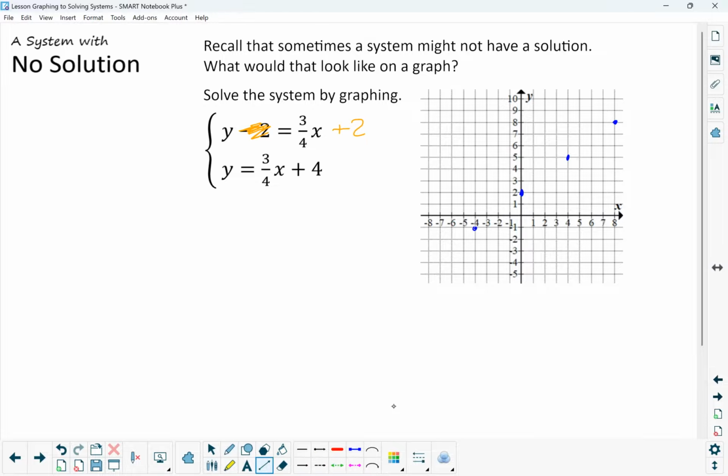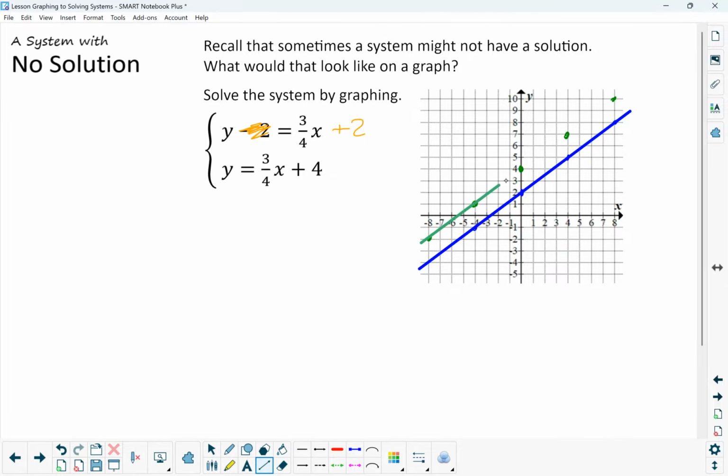And our second line, 3/4 x plus 4. So that's starting here, up 3 over 4. And get enough points that you can get that line graphed nicely.